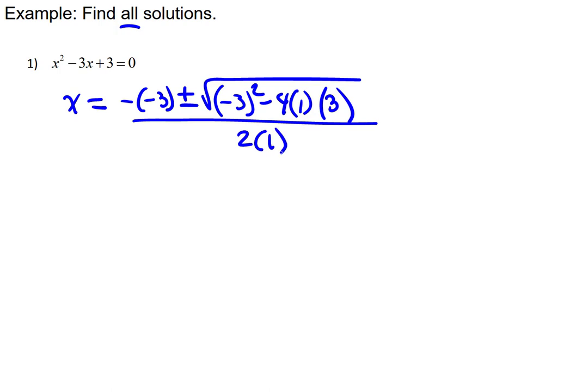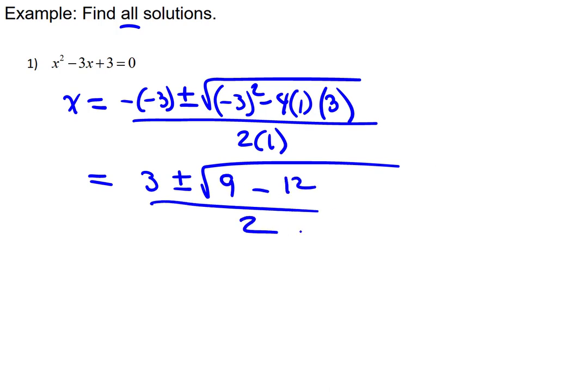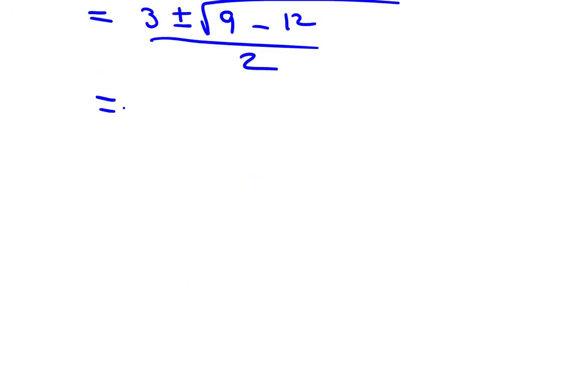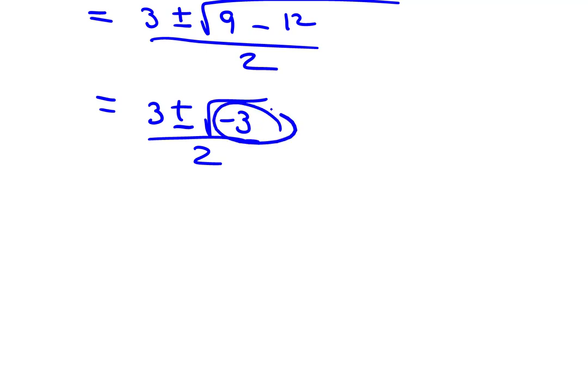Well, let's take a moment to start reducing this and see how it looks, which would be 3 plus or minus the square root of 9 minus 12 all over 2. And if we keep going, this could reduce to 3 plus or minus the square root of negative 3 all over 2. So notice in this case, the discriminant, which is what's underneath the root, ended up negative.